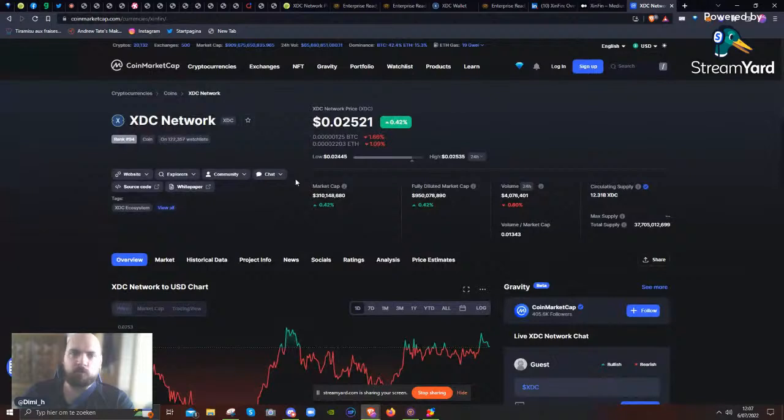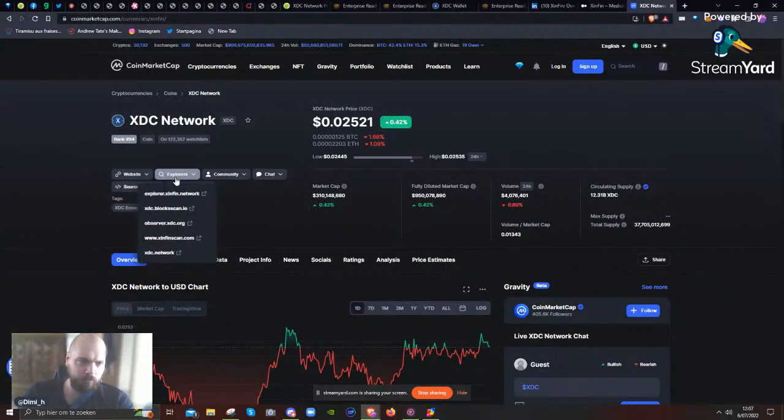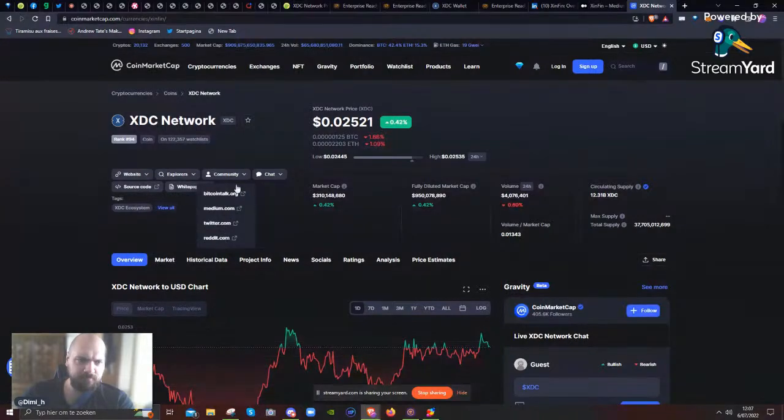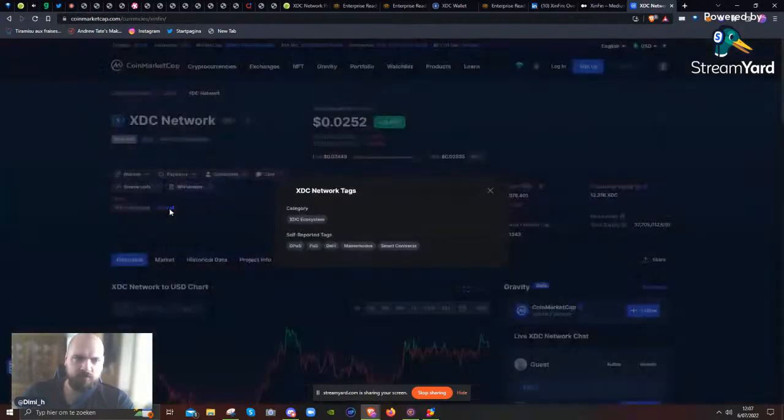I'll just check CoinMarketCap, if there's something else additionally. Nope. More explorers here, Telegram, source code available, and white paper. Especially the tags here: XDC ecosystem, delegated proof of stake, decentralized finance, masternodes, and smart contracts.